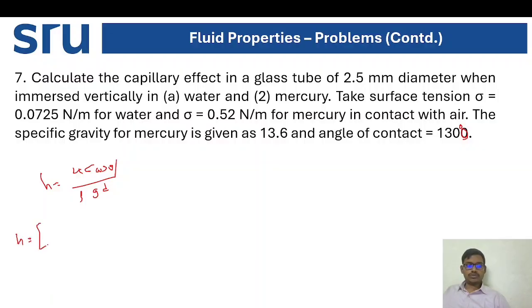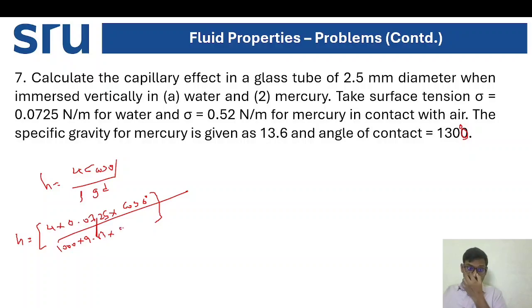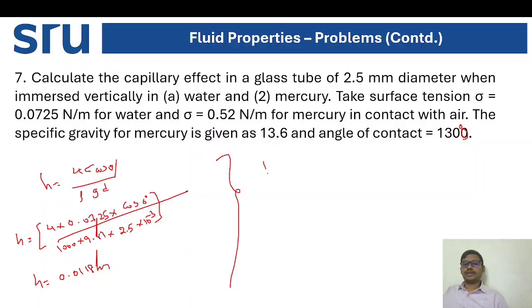H is equal to 4 into, what is the sigma for water? 0.0725, into cos 0 degrees, and 1000 into 9.81 into D, already they have given 2.5 into 10 power minus 3. So H is equal to 0.0118 meter.